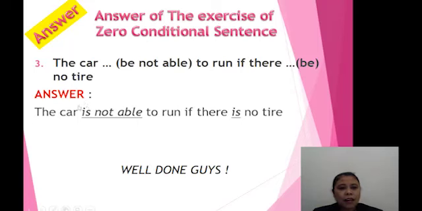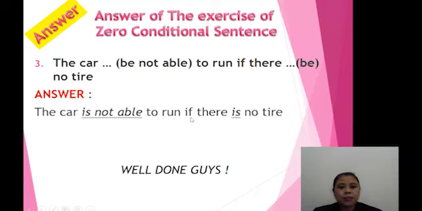The car be, okay, as you know, the to be in English is am, is, are. Because the subject here is singular subject, the car, so the to be used is is.